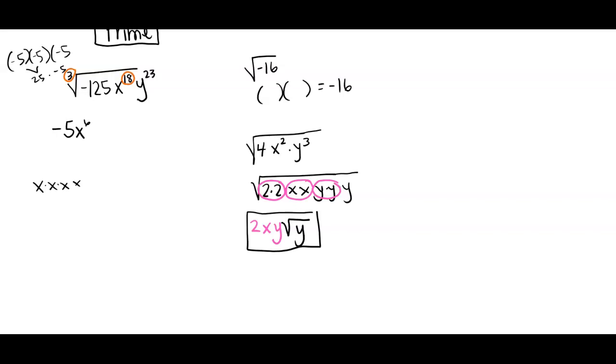How many y's get to come out? Would it be 7? Yep, because you're doing 3. How many times will 3 divide into 23? 7 times. With how many left over?